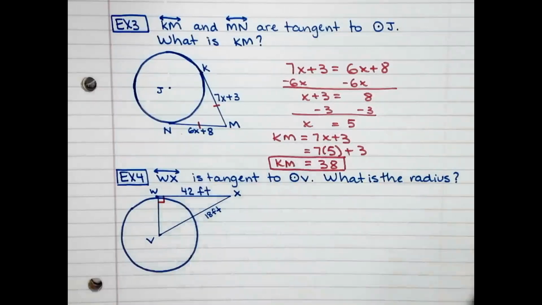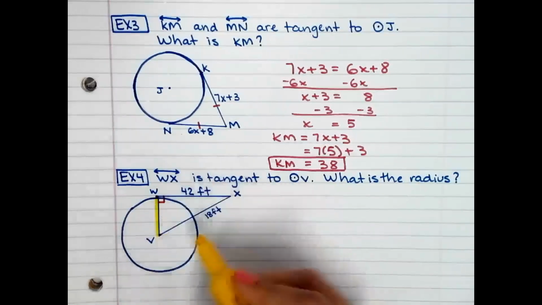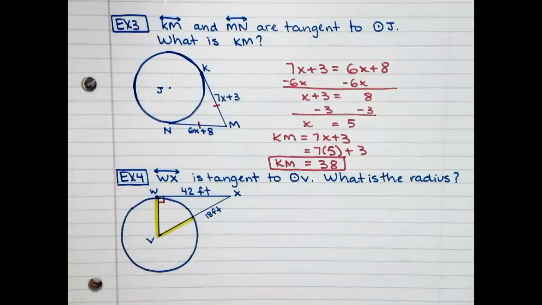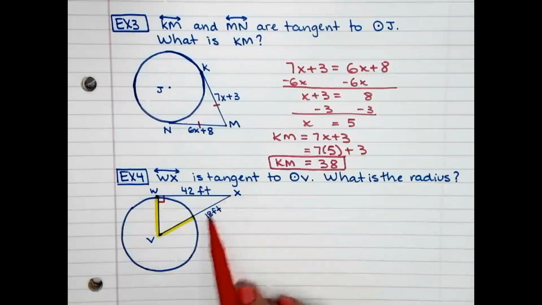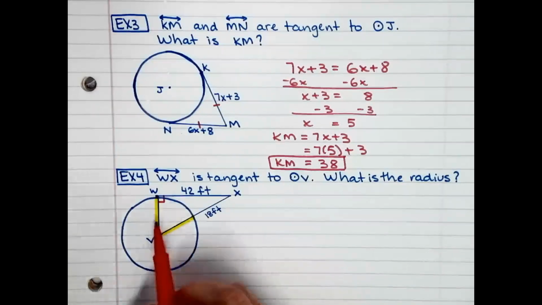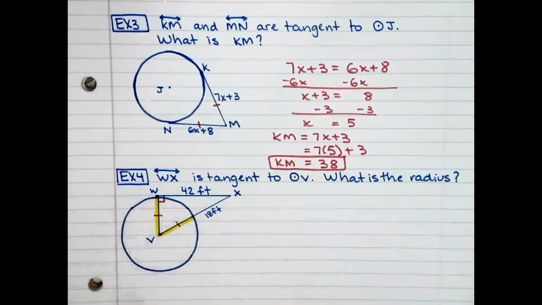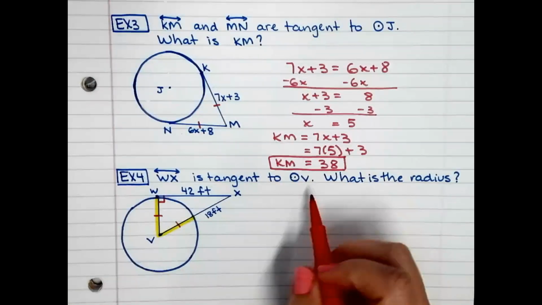I'm looking for this right there, and I know this is congruent to that. We're missing some stuff here. Not really. I have this leg, I have part of the hypotenuse, but I also know this is congruent to this because that's the radius.